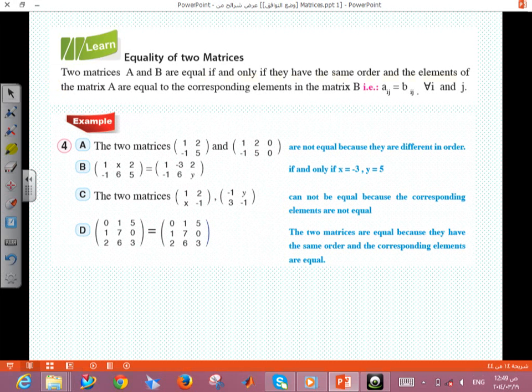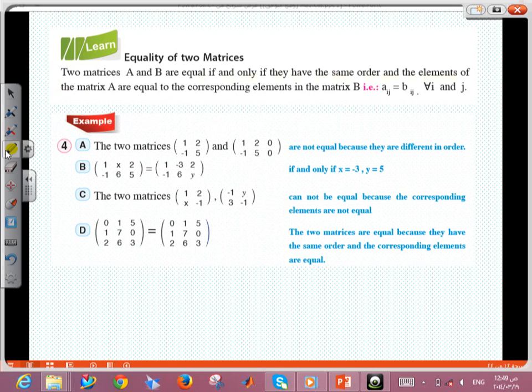Now the first matrix has order 2 times 2, but this one is 2 times 3. They are different in order. Second example: same order, and they will be equal when x equals negative 3 and y equals 5.